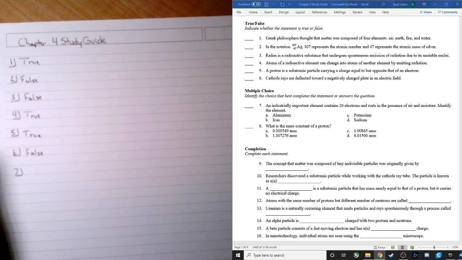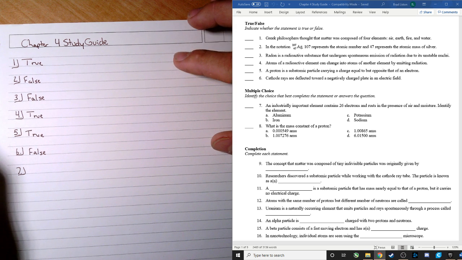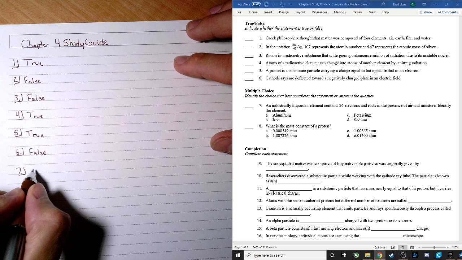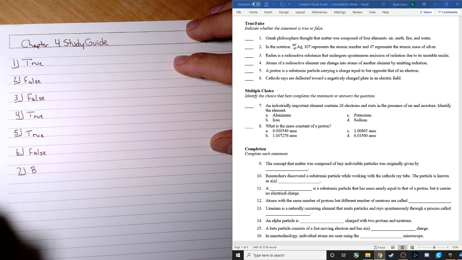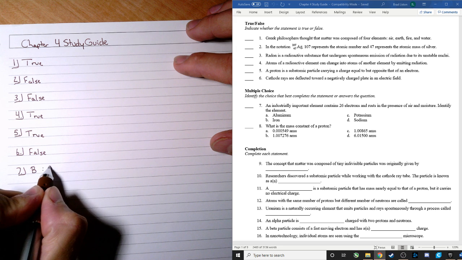By knowing the fact that we have 26 electrons, that would tell us that we also have 26 protons, because the number of electrons is equal to the number of protons, which is equal to the atomic number. So at that point in time, our element would be choice B, which is iron.